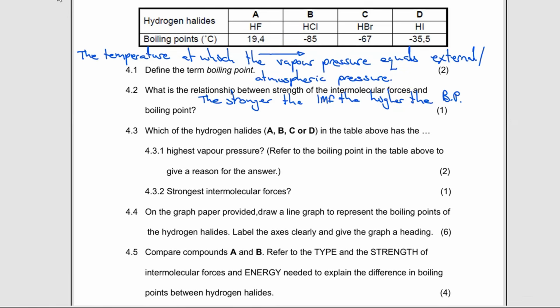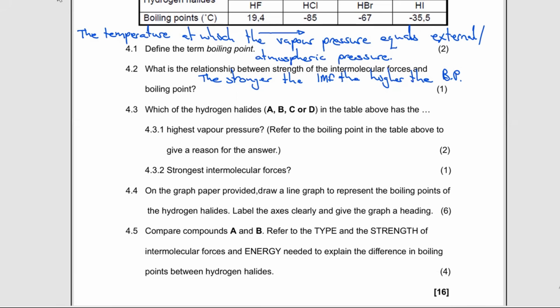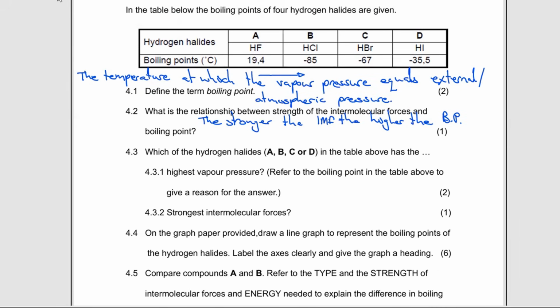Okay, then 4.3 says: which of the hydrogen halides A, B, C, or D in the table above has, 4.3.1, the highest vapor pressure? Then refer to the boiling point in the table above to give a reason for the answer. Let's look at this again.